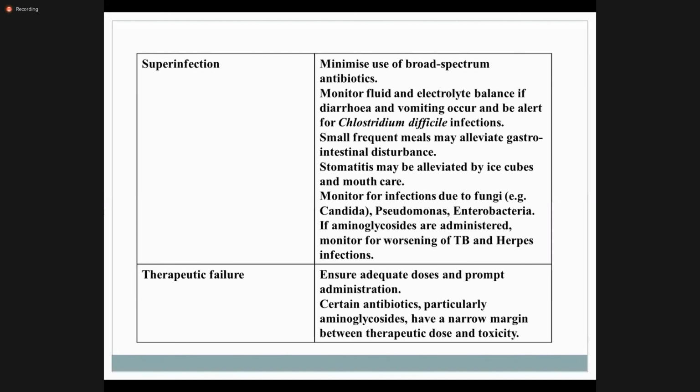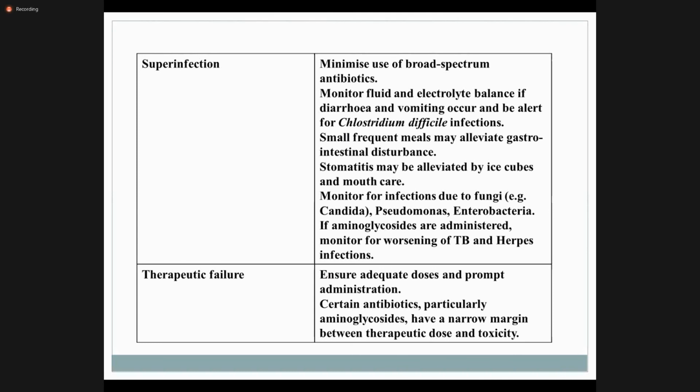So how can we avoid this? Minimal use of broad spectrum antibiotics, because broad spectrum antibiotics have increased chances of not only inhibiting or killing the culprit organism, but also suppressing the activity of normal flora. Monitor fluid and electrolyte balance if diarrhea and vomiting occur, and be alert for Clostridium difficile infection.